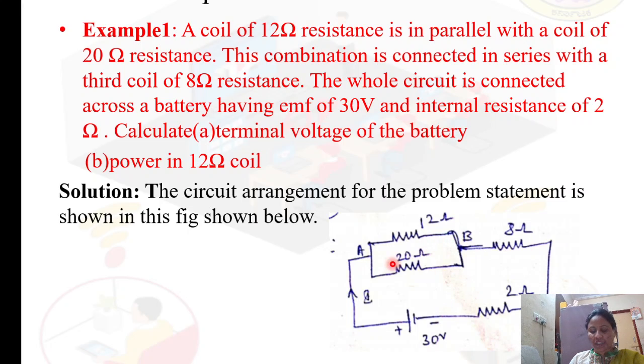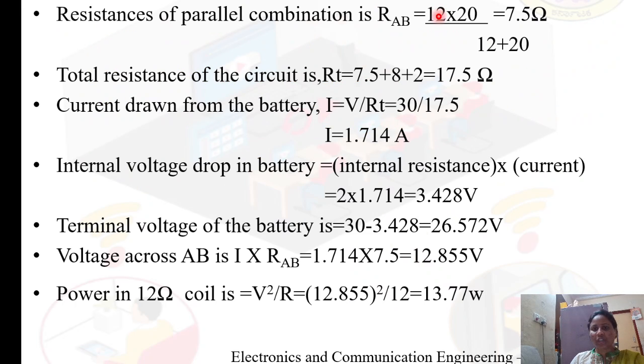Just have a look into the connectivity of the resistance over here. Let us solve 12 ohm and 20 ohm combinations in parallel, and we will take that resistance as RAB. We will solve that first by using 12 into 20 by 12 plus 20.